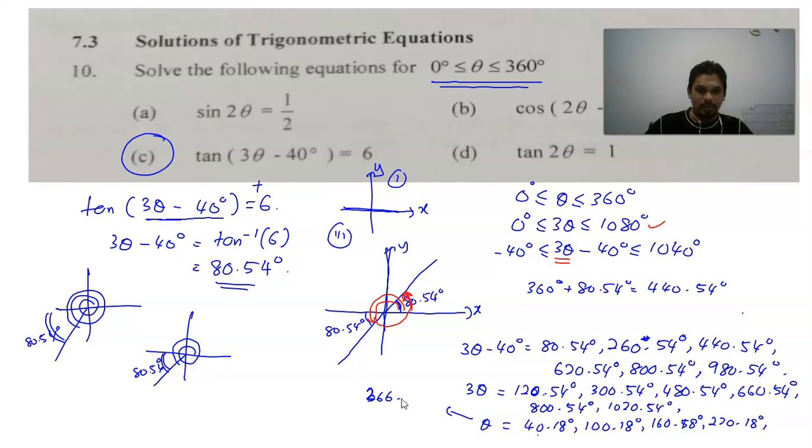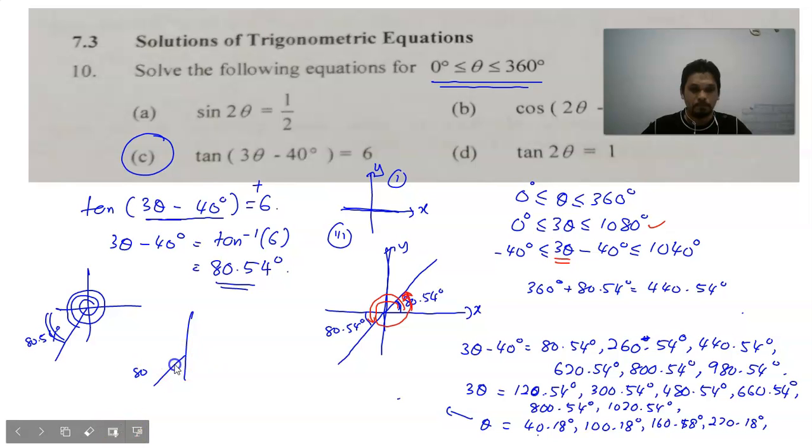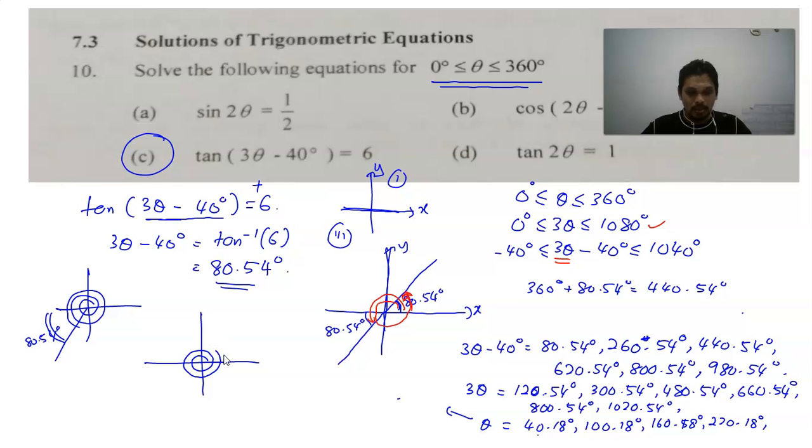Okay, which I think that I made a mistake here. 360, 720, and then 720 plus 80.54 equal to 800.54, and then plus with 40.